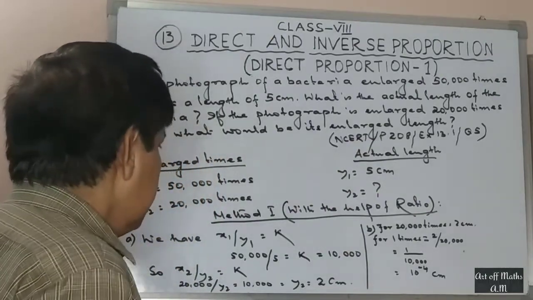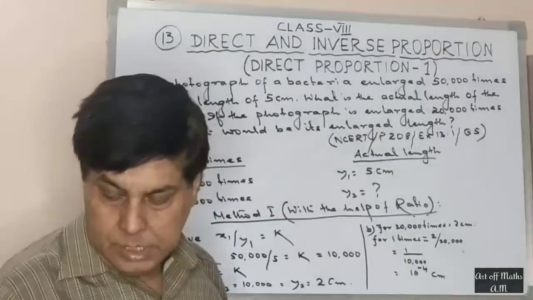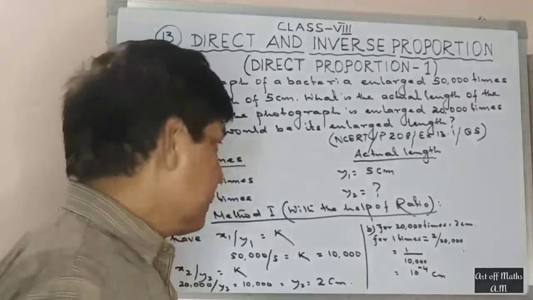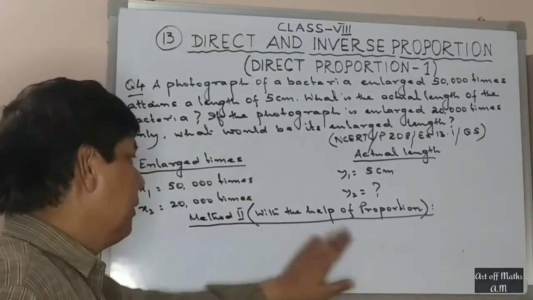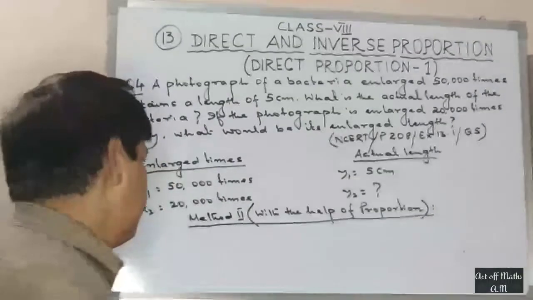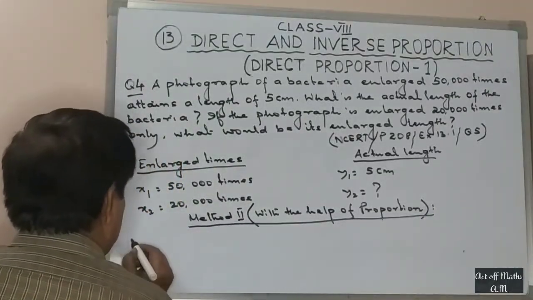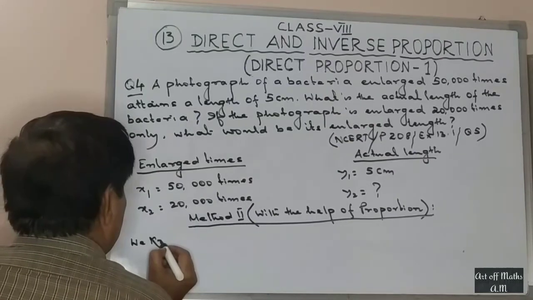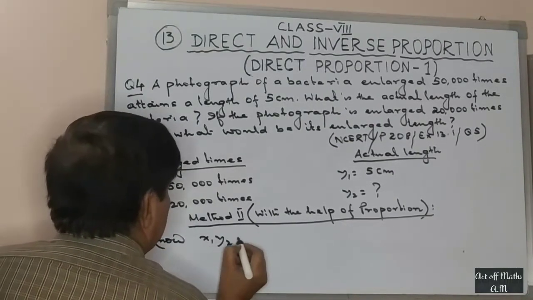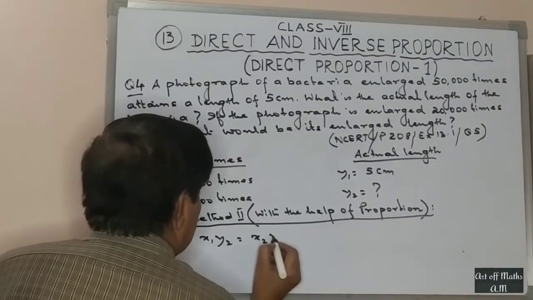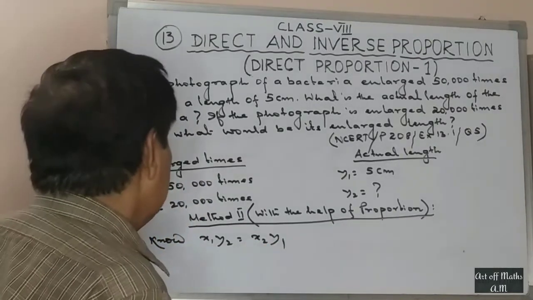Now coming to the second method, that is with the help of proportion. We will solve this question with the help of proportion. We know x1 y2 equal to x2 y1.